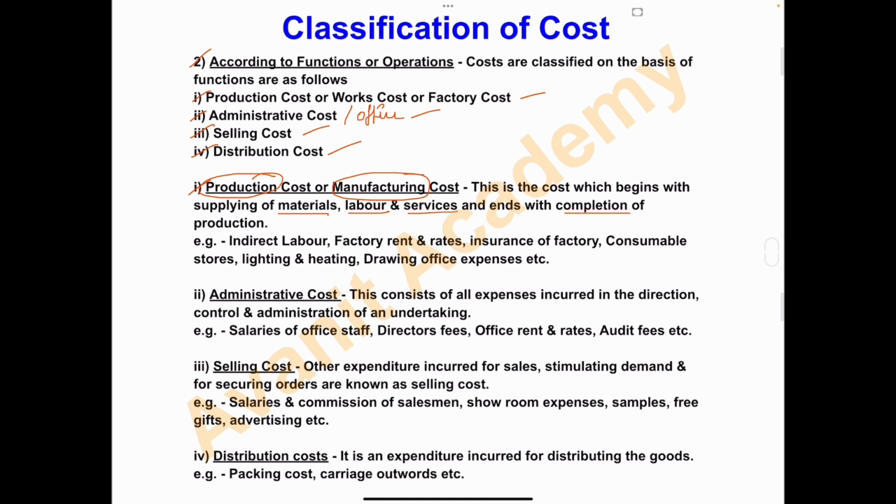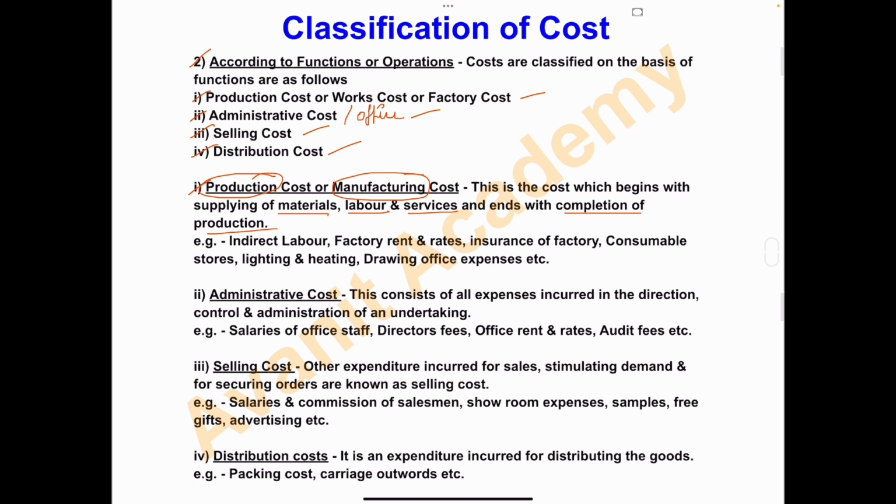This cost starts with the supplying of material. To produce the final product, the first thing required is raw material, then labor, then other services.